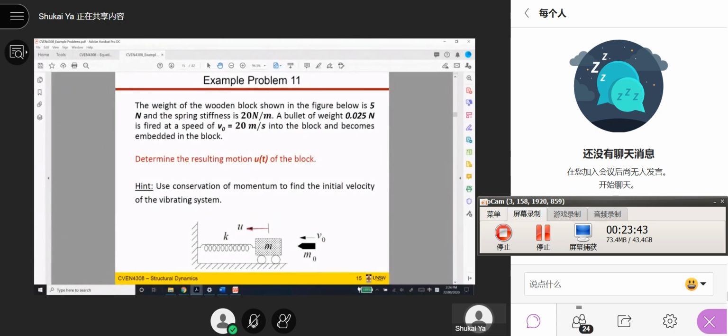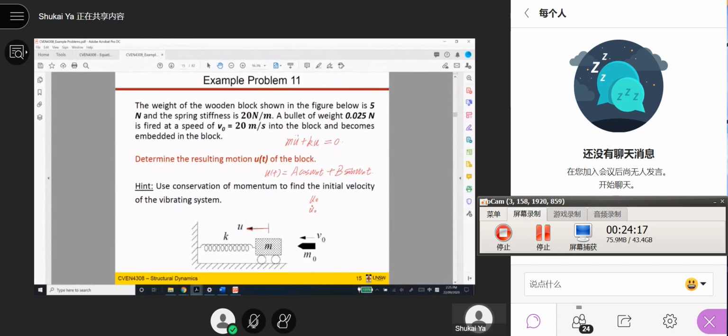Then all we need to do is, because we know the expression for this system is this one, u(t) should be equal to A cosine omega n t plus B sine omega n t, we just need to determine u0 and u0 dot. As long as we determine them, then the values for A and B we can obtain.